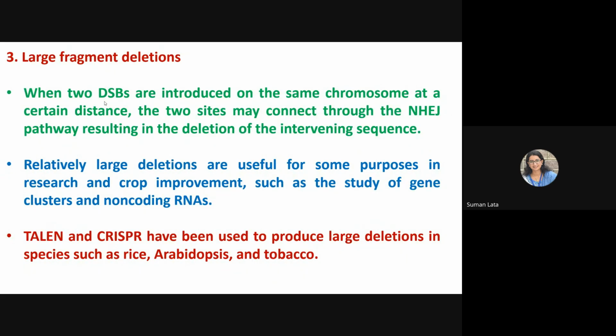Sometimes these large deletions are created, and they are useful for basic research, for the study of gene clusters or non-coding RNAs. TALENs and CRISPR have been used to produce large deletions in species like rice, Arabidopsis, and tobacco.